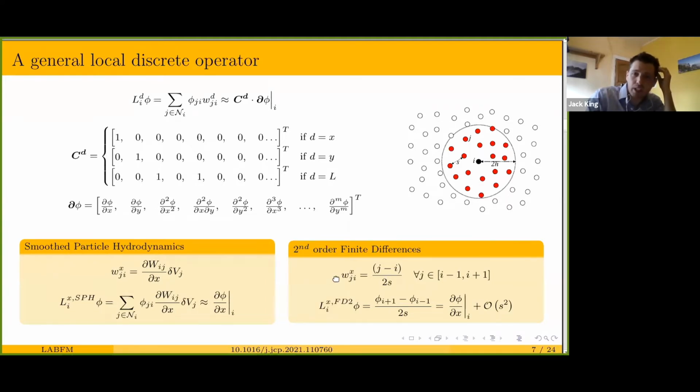It could also represent a finite difference operator, in which case the weights w_ji would be linked to the indices of the ordered nodes divided by a measure of the node spacing. And this is the operator that we're going to base LABFM around.